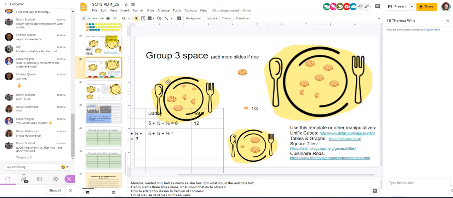And then we also came up with some questions like, once they set it, we could then do an extension. What if daddy wants 3 times more than the other 2? Or what if mom wants half of what is already on her plate? So we were just trying to figure out how to adapt it to variables and fractions, and do we provide the cookies for them, or do we let them crop like we did?